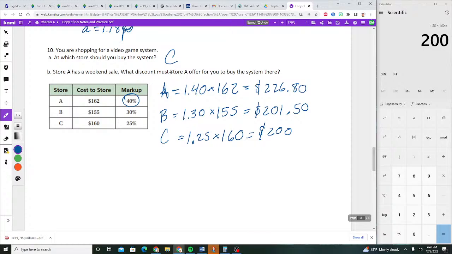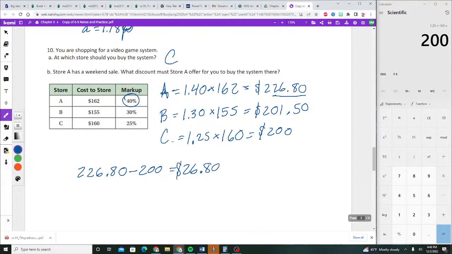But what if store A puts it on discount? So the store A's discount needs to at least drop it to $200. So $226.80 minus $200 gives us $26.80.